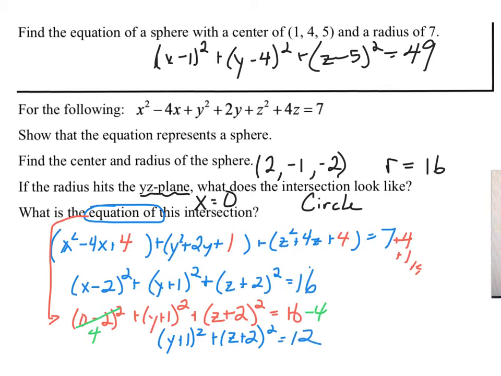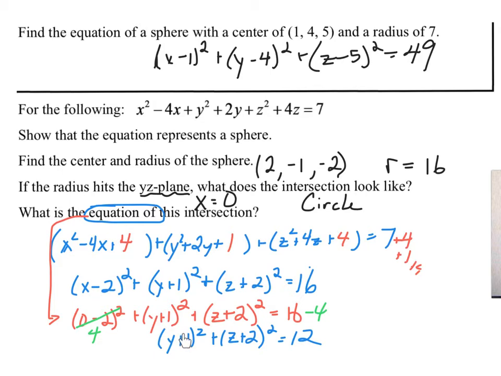So you'll notice this is a circle in the YZ plane. It looks a little weird because we're used to seeing them, of course, with x's and y's, but this should make sense. It doesn't need an x coordinate if it's not involving x at all. And if it's in the YZ plane, then it wouldn't need x.